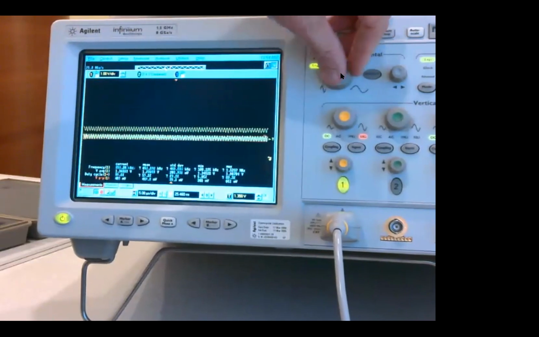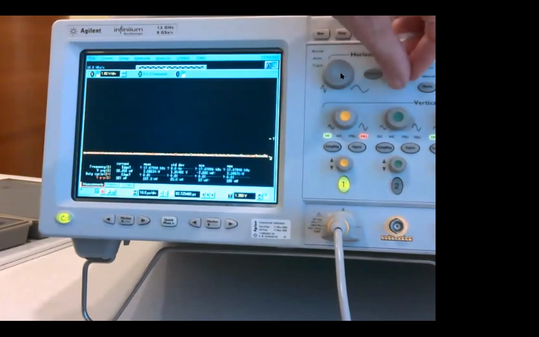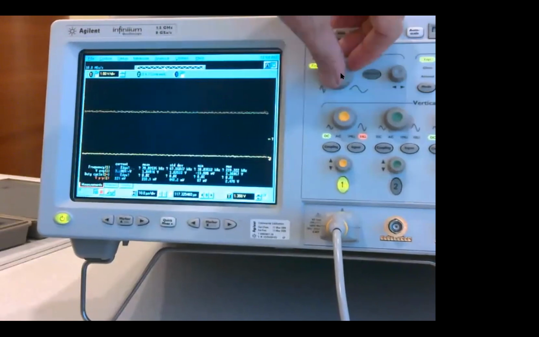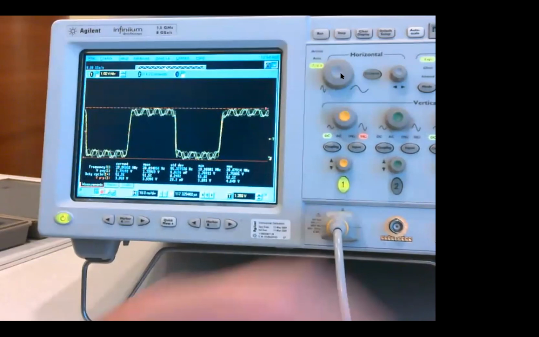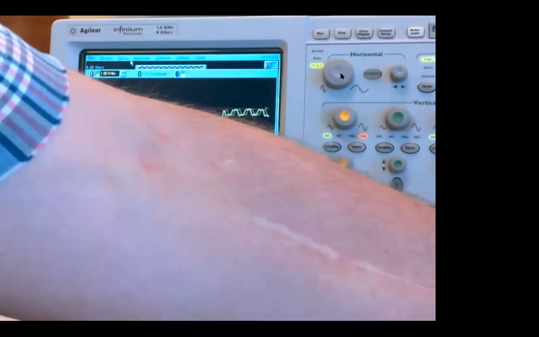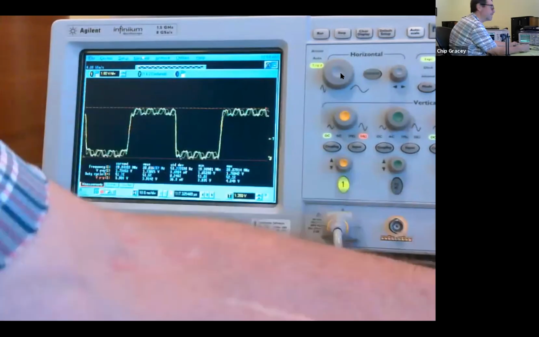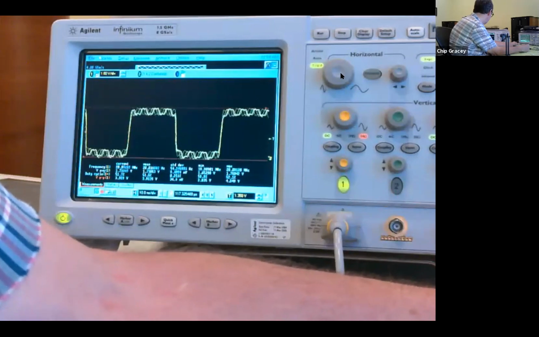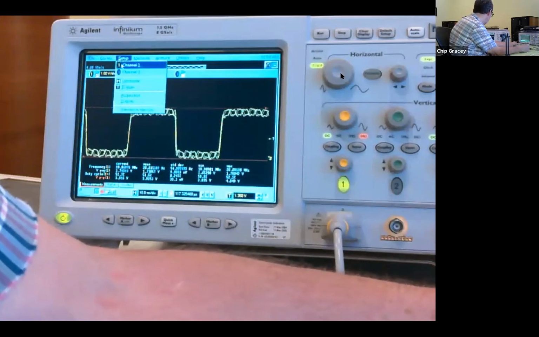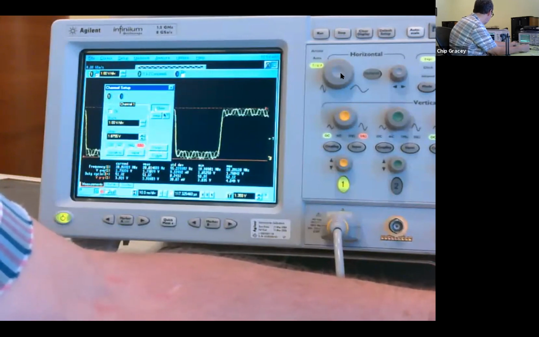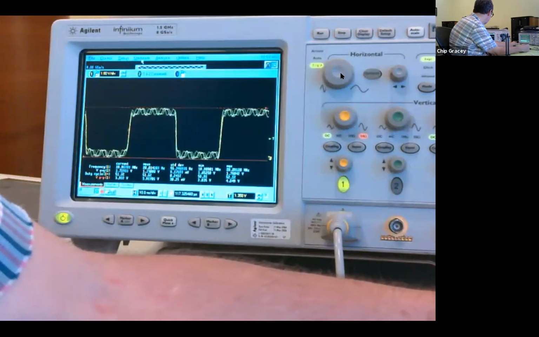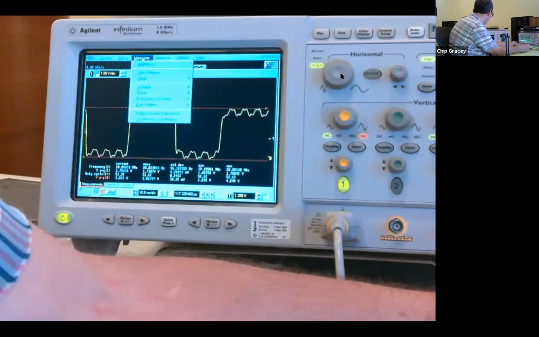What is the bandwidth of your scope? 250 or 200 megahertz? Let's see here. If I go to control setup, channel 1. This is a 1.5 gigahertz scope.